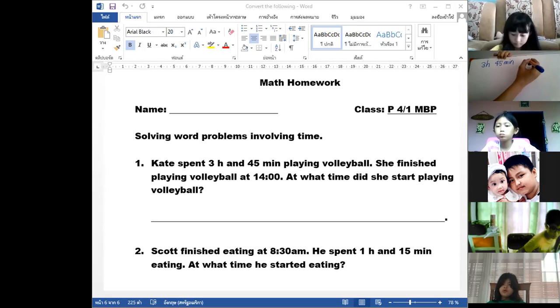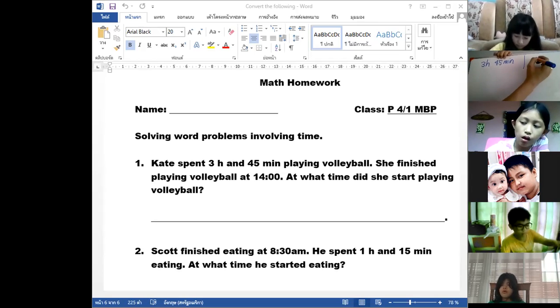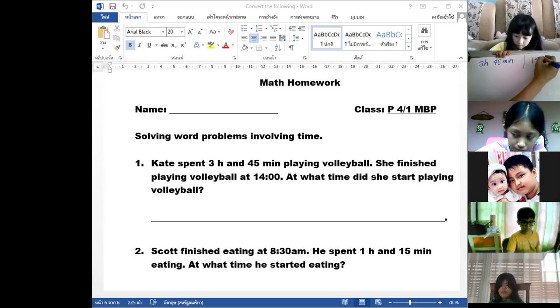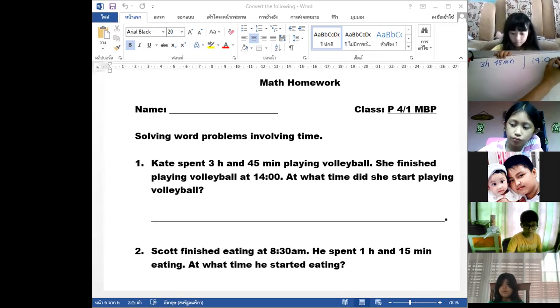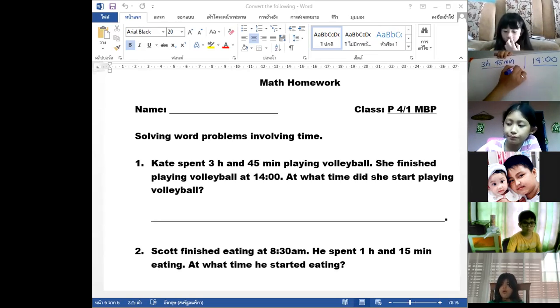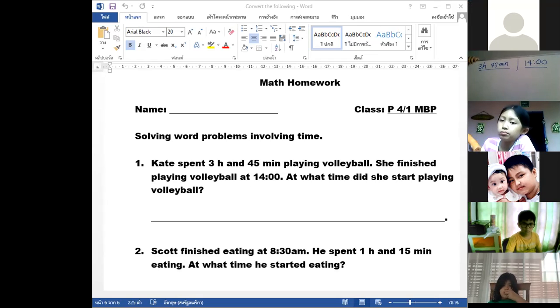And Kate finished playing volleyball at 14. So let's find out what time Kate started playing volleyball. Okay, here's the solution. But first, let's make a number line.